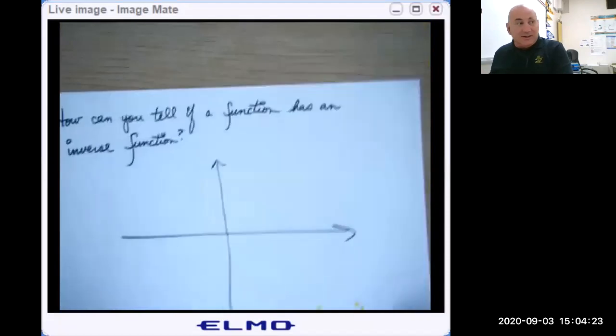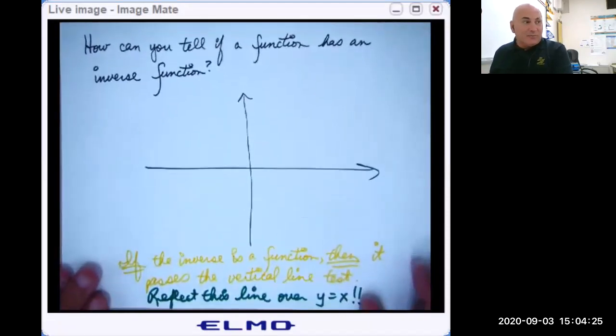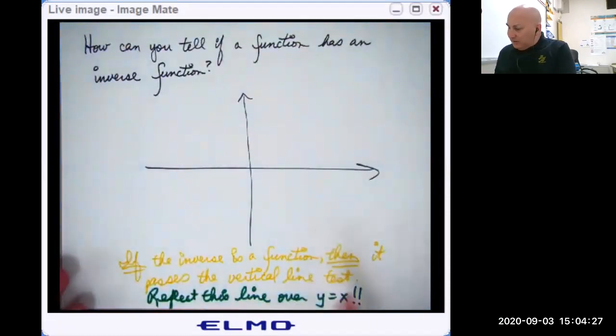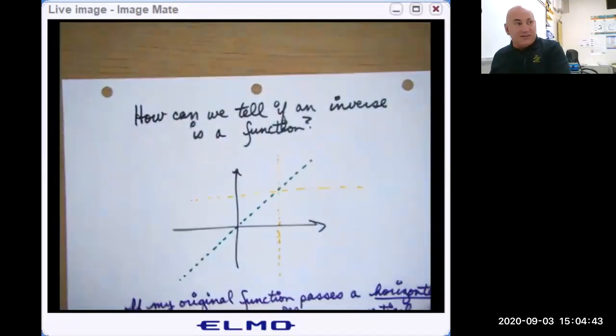How can you tell if a function has an inverse function? Well, if the inverse is a function, then the inverse must pass the vertical line test. And you reflect that over the line y equals x. So what you get is this.